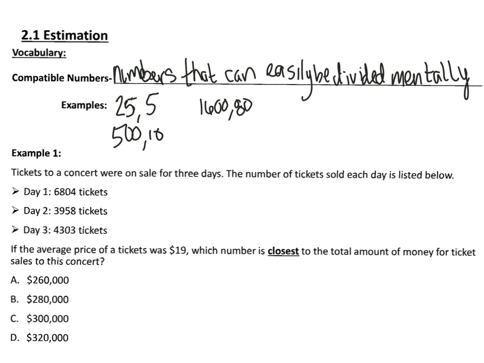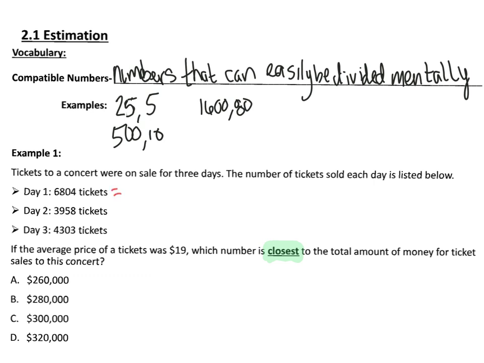So I want you to read number 1 for a moment. Okay, so whenever it says the closest estimation, the closest number, that always means that we're estimating. We don't need to find an exact number. We just need to find a close number. So the first thing I'm going to do is round all of these numbers to easy numbers, okay?